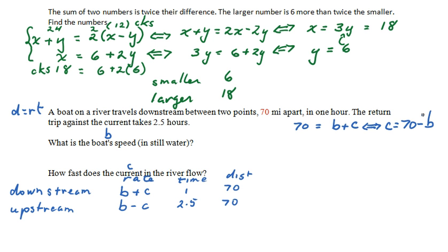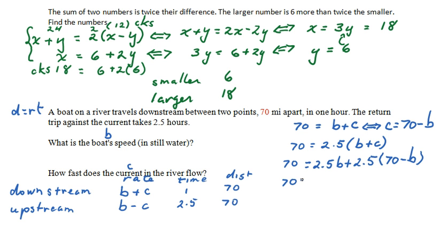In the second equation, 70 equals 2.5 times (b plus c), which is 2.5b plus 2.5c, where I'll replace c with 70 minus b.